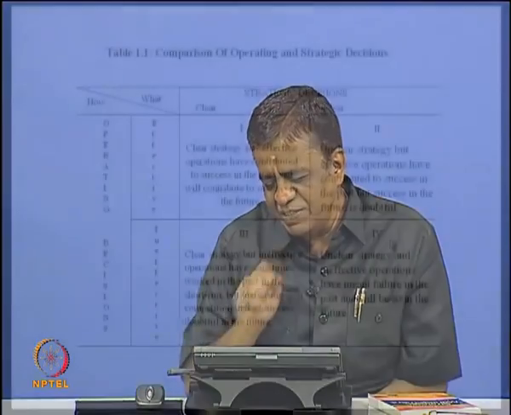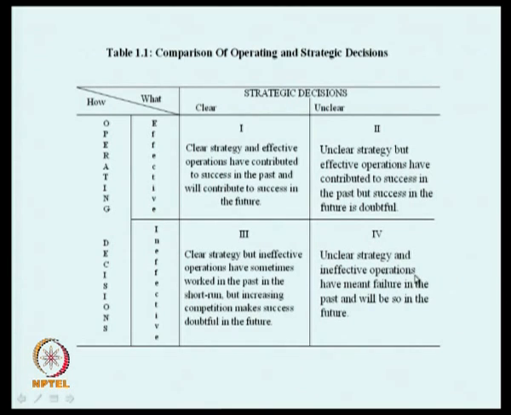Now, come to the last quadrant, that is the unclear strategy and ineffective operations. What is going to happen? Suppose you have an unclear strategy and ineffective operations. They have meant failure in the past and will be so in the future.